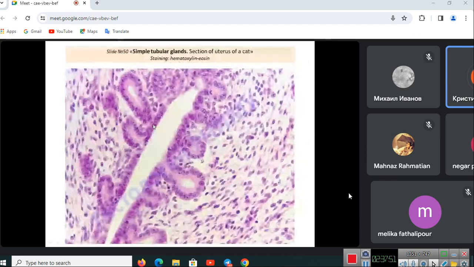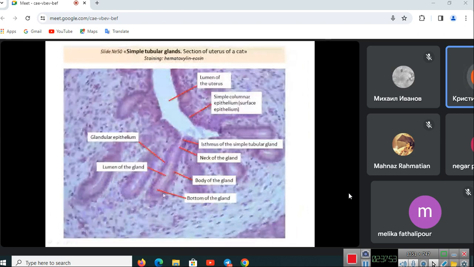What is important about the bottom of the gland is that in these particular glands, the stem or Campbell cells are located exactly in the bottom of the gland. And this is very important because of the menstrual cycle in women.